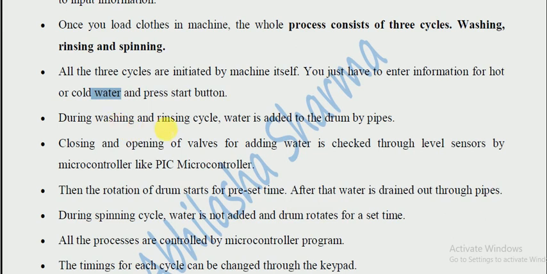During the washing and rinsing cycle, water is added to the drum by pipe. Closing and opening of the valves for adding water is checked through the level sensor. So there is no interaction with the human. It's all checked by the machine just because of the embedded system. So what is going on in the embedded system?